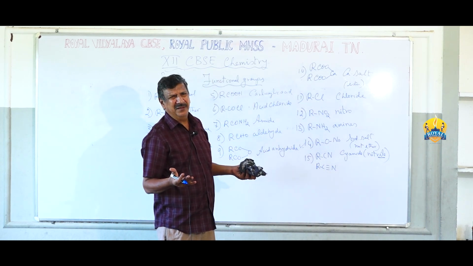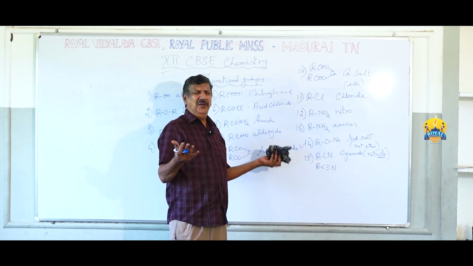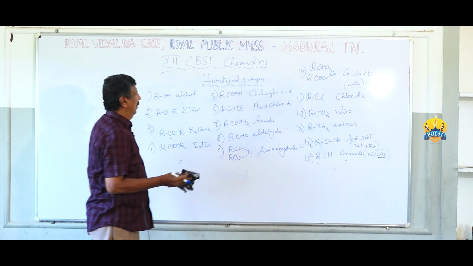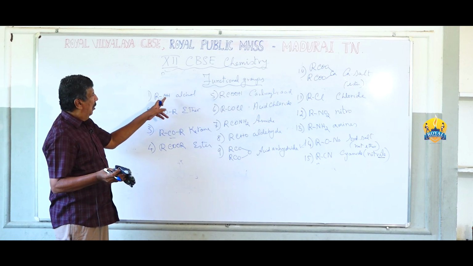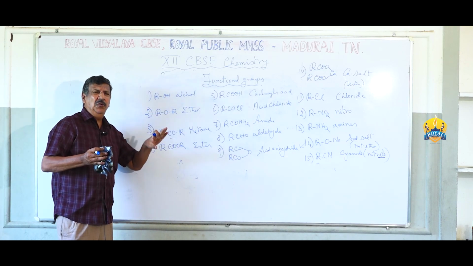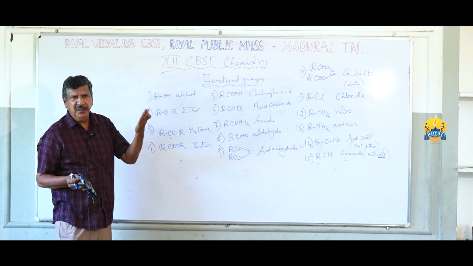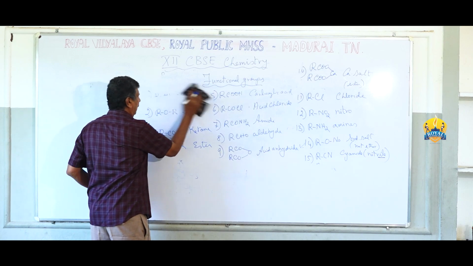I also can write like this, but it's not necessary for the time being, so you can avoid it. Okay. Next we are going to see how to write the individual names and the individual formula for each compound.